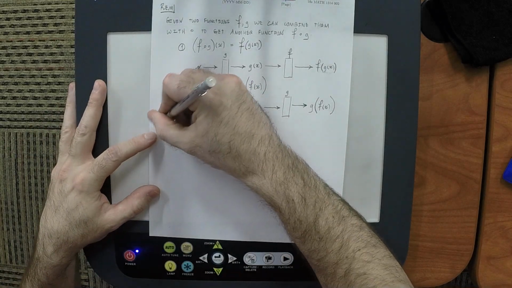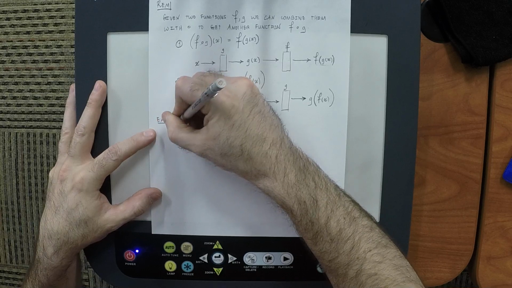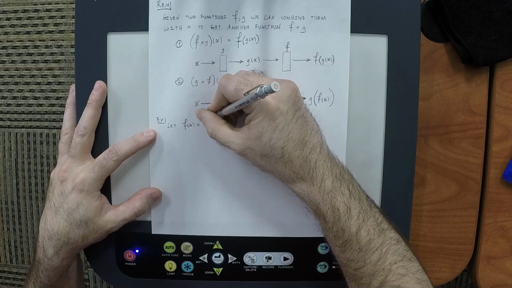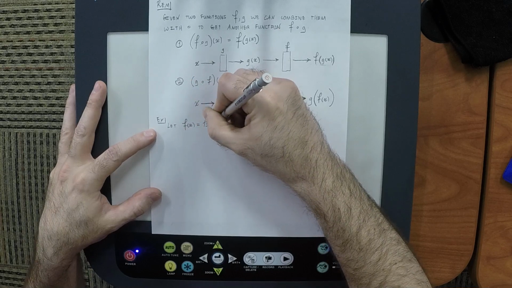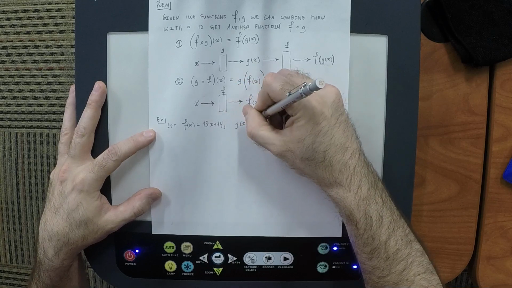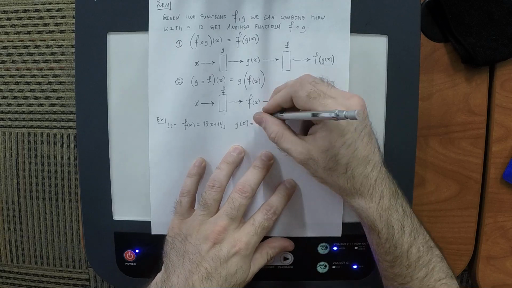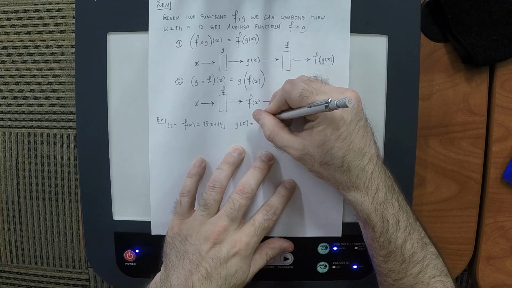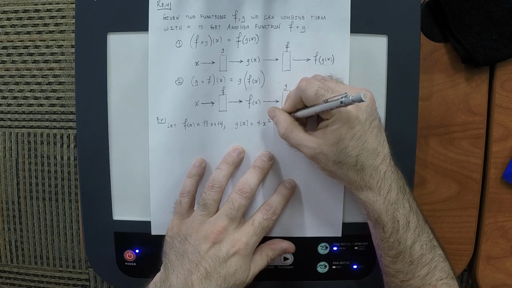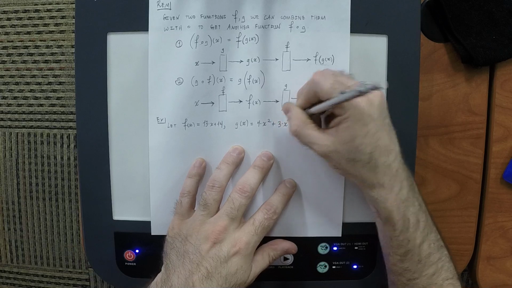So let's see that it will matter. For example, we could say let f of x be 13x plus 14, and let g of x be, I don't know, 4x squared plus 3x plus 5.